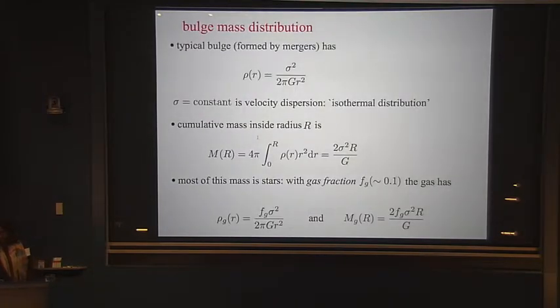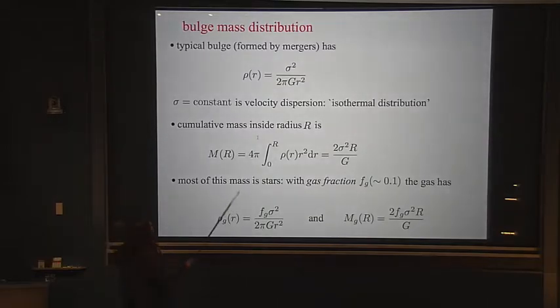Okay, so now let's look a little bit more at how much of the bulge we are actually able to impact. If you have a typical bulge, let's, for simplicity, model that as an isothermal sphere. Then the density is just σ² over r², a 1 over r² profile with σ². And because it's an isothermal sphere, σ is constant. You can calculate the mass inside any given radius.